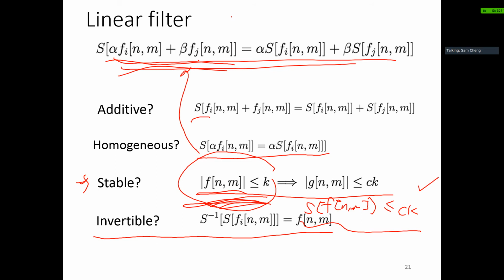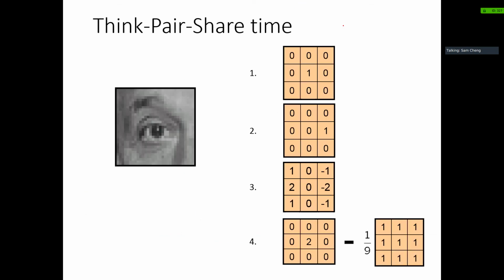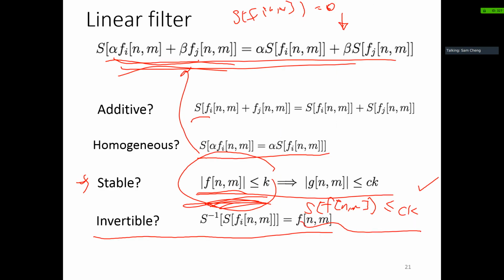That thing definitely is linear. All I mean is that I have SF and M is just equal to 0. You can check that this of course is linear, but then of course it's not invertible. You set something equal to 0, there's no way you can recover that.